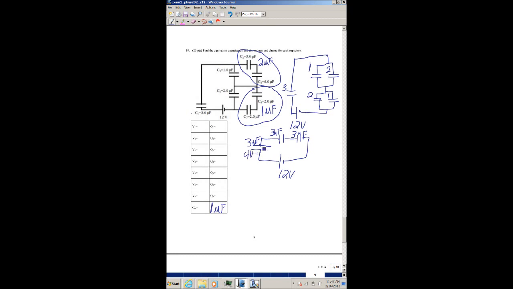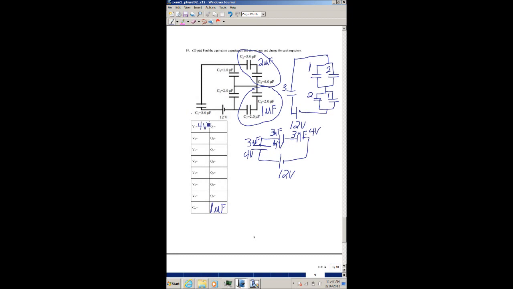Right, so that means that I have 4 volts here, 4 volts here, and 4 volts over here.